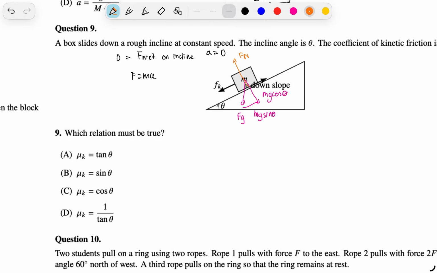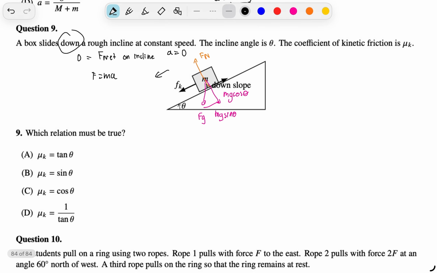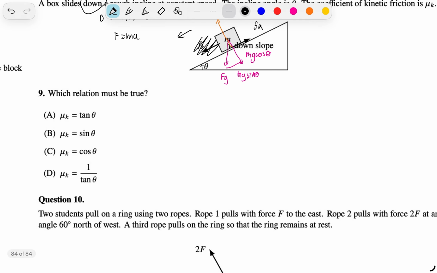It's sliding downward a rough incline at a constant speed. So actually this Fk should be that way, but we have mg sine of theta minus Fk is equal to 0. So mg sine of theta is equal to Fk.